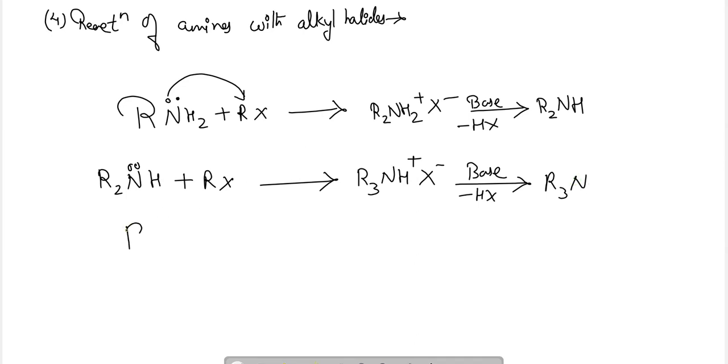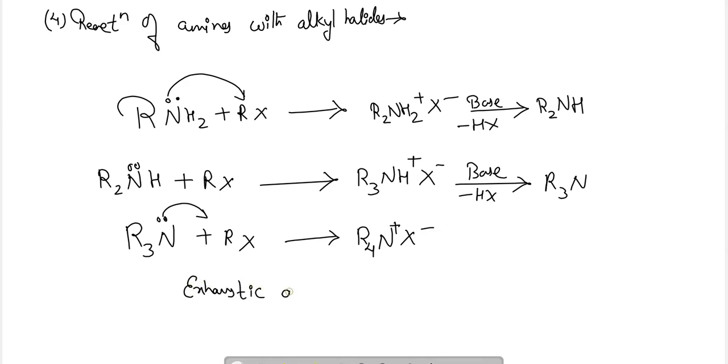And at last the formation of a quaternary ammonium salt will take place here. So this is called exhaustive alkylation.